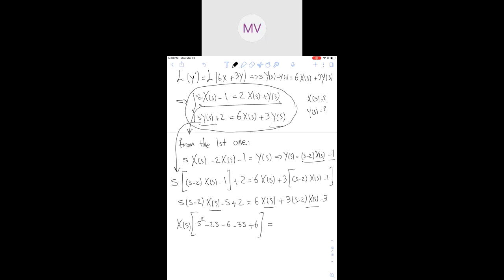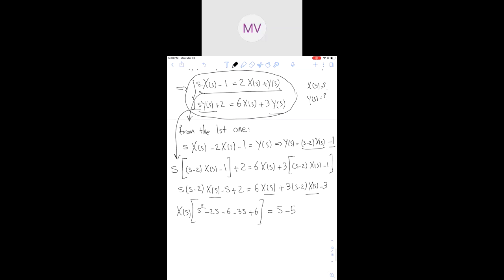And the other side becomes s minus 2 minus 3, which becomes negative 5. So again, I have these three terms. They all have x of s. I'm bringing them to the left side. I factor x of s. That's what's left after you factor x of s.